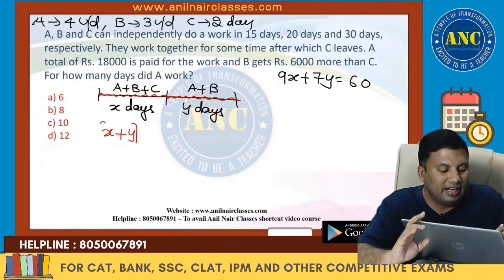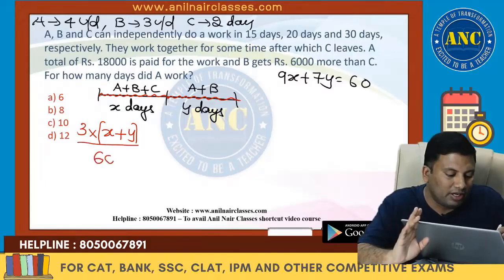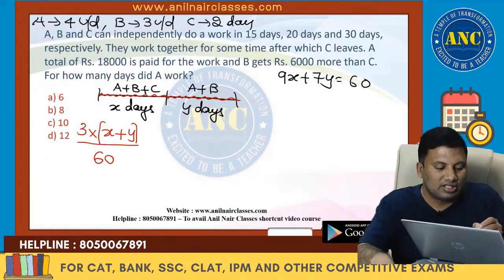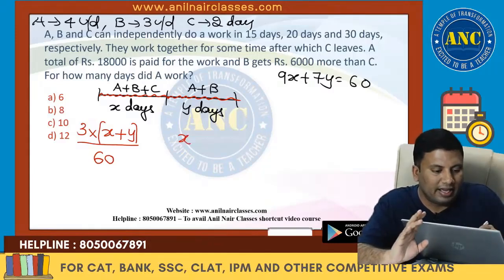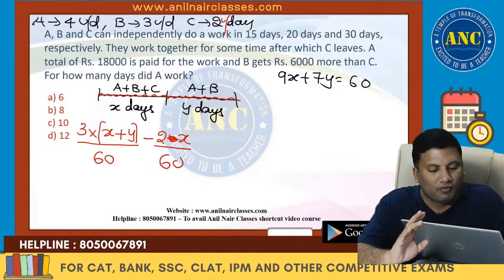Every day he will do 3 units per day, out of a total of 60 units. C worked for X days. Per day, it is 2 units per day. It is 2x out of 60. Why am I doing it?